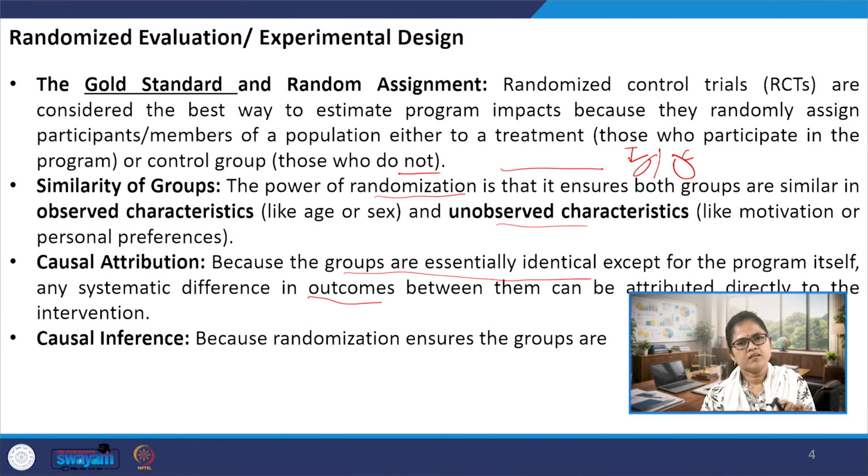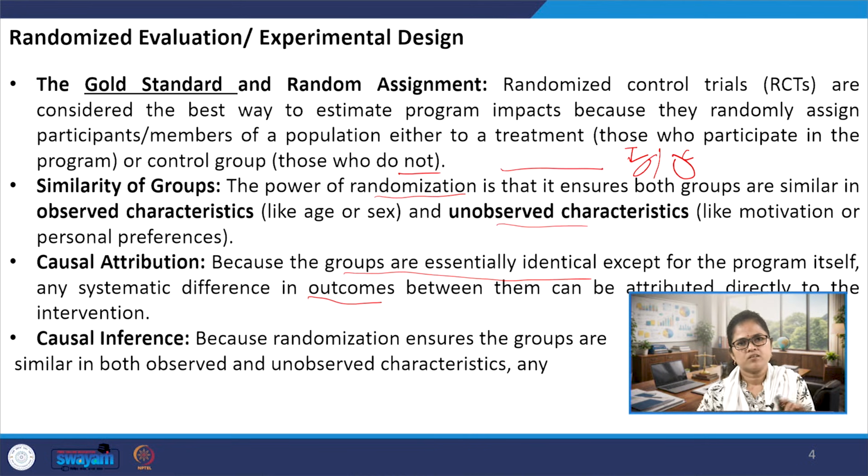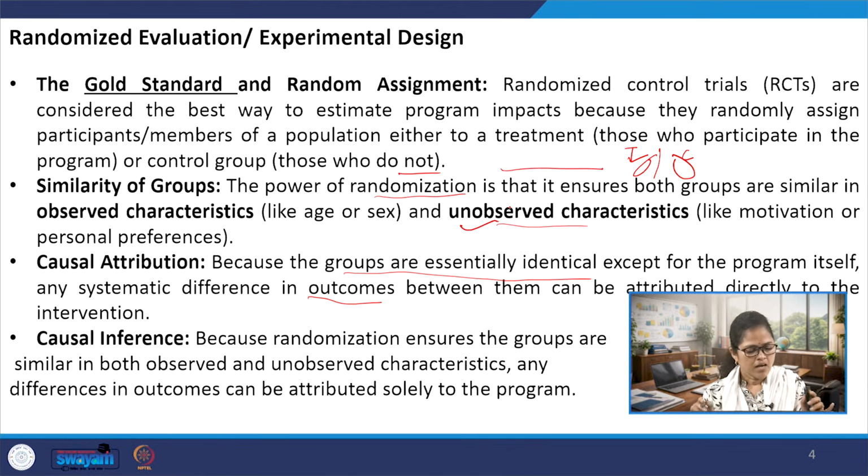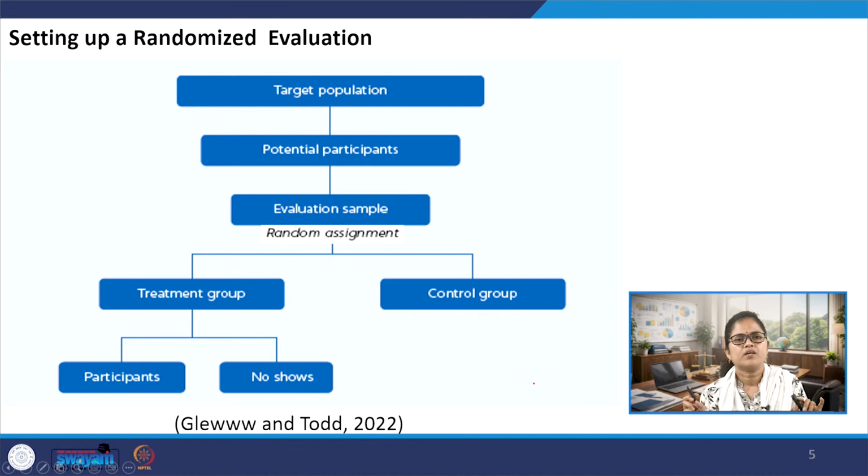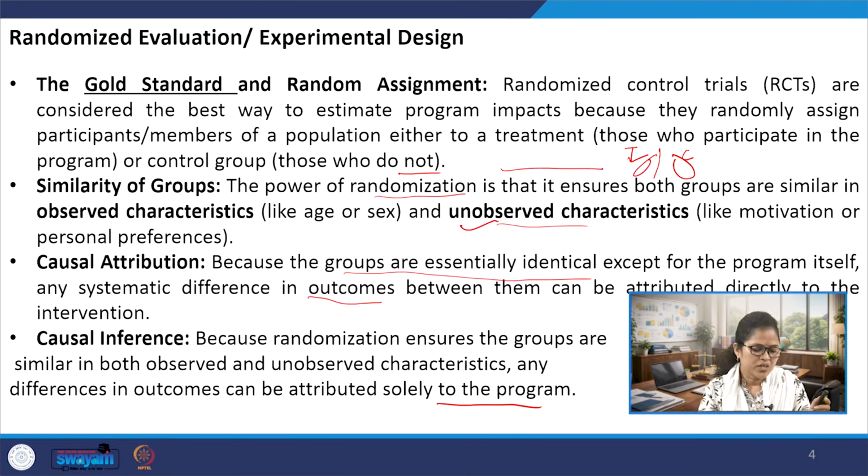Randomization ensures that the groups are similar in both observed and unobserved characteristics, and any differences in outcomes, if at all, can be attributed to the intervention or program itself. That is the reason we can find a causal inference, or cause and effect relationship: it is because of the program or intervention itself that the differences in outcomes are observed.